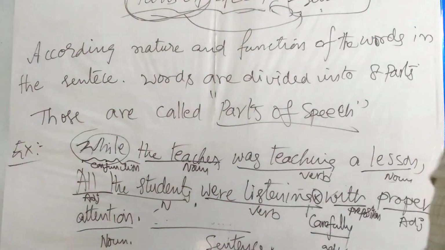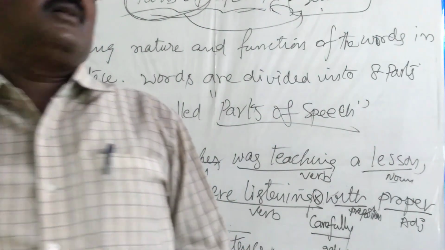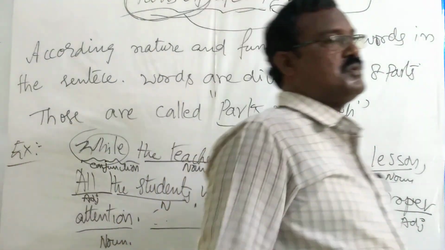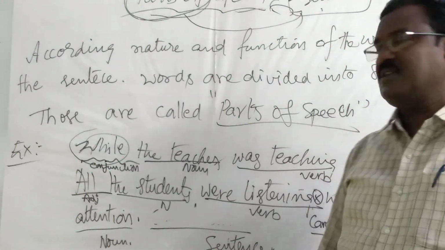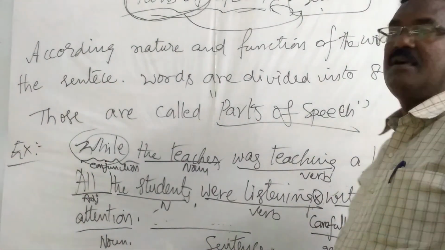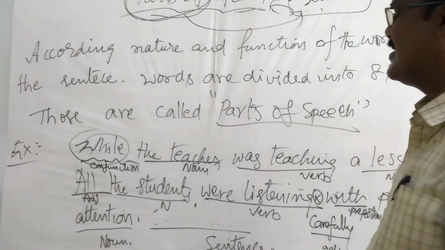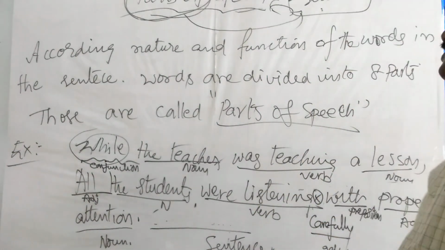The teacher means what? A person who is giving information about good things, about a subject, is called a teacher. A person who is dealing with the subjects of the education of the students. Teacher means person, places, things: nouns.